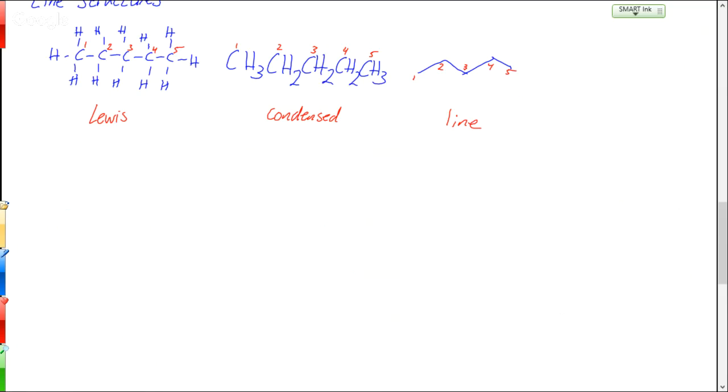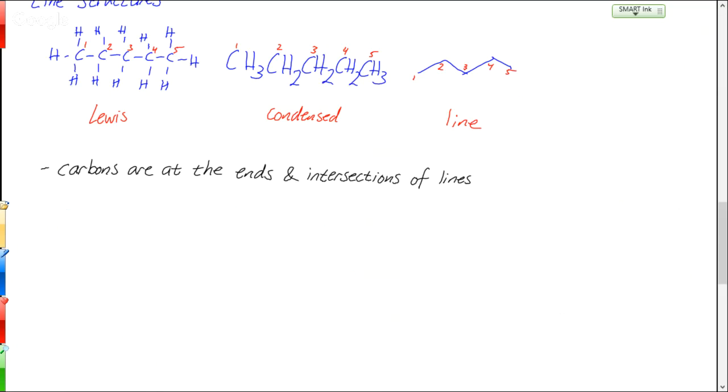So in line structures, carbons are at the ends and the intersections of lines.